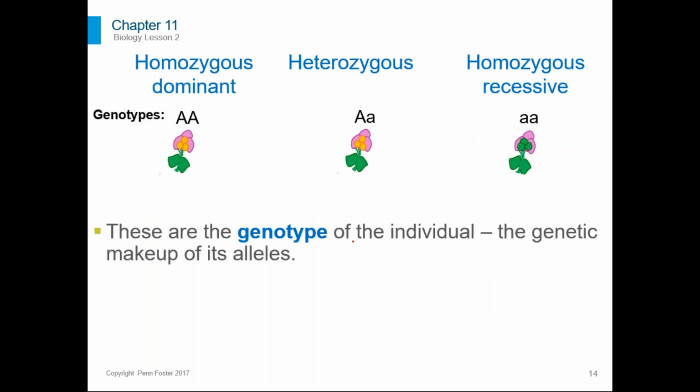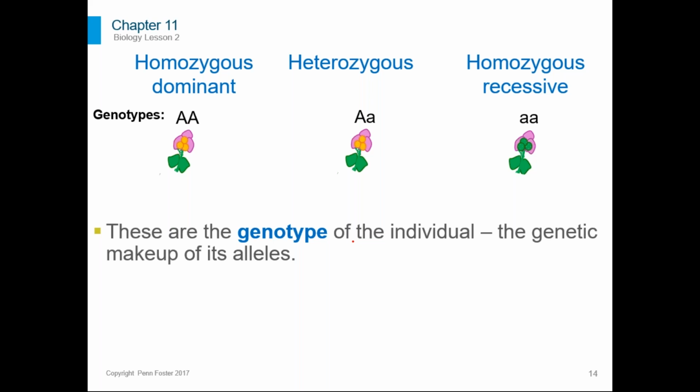There are terms to describe the setup of alleles that any individual has, and you need to know these terms. If they have two copies of a dominant allele, in this example, two alleles for yellow seeds, they are called homozygous dominant.